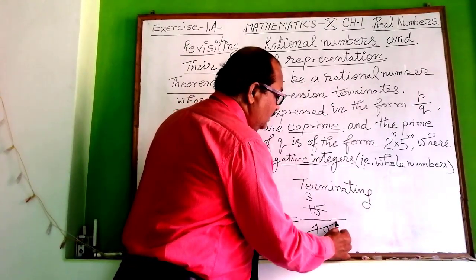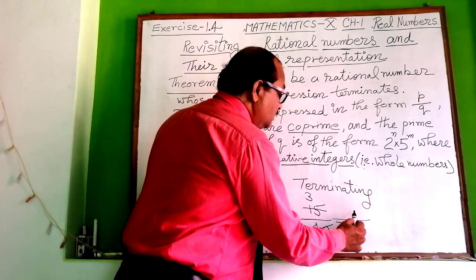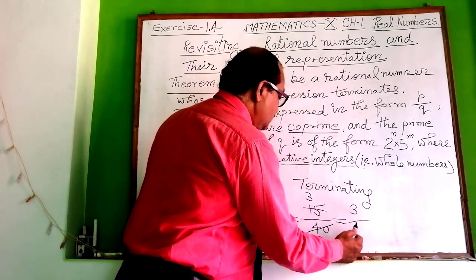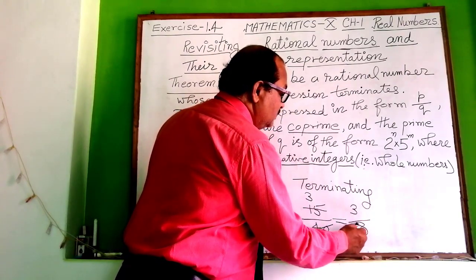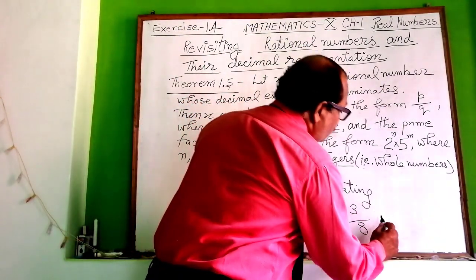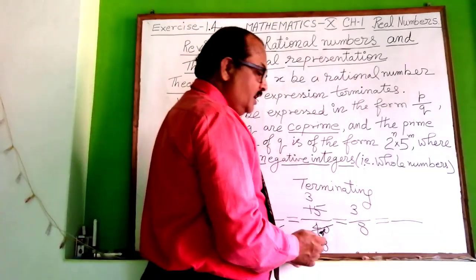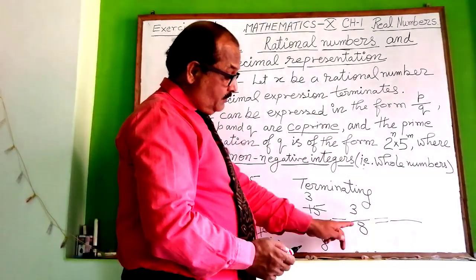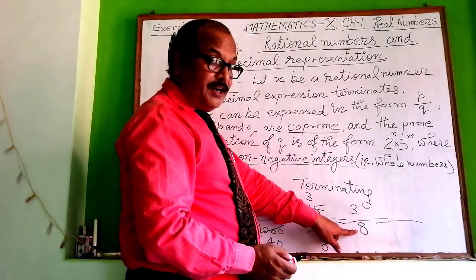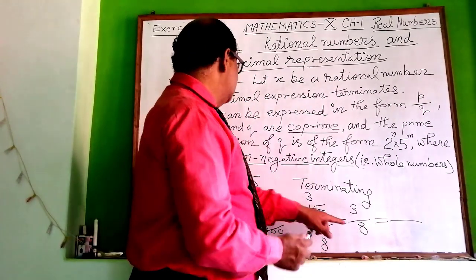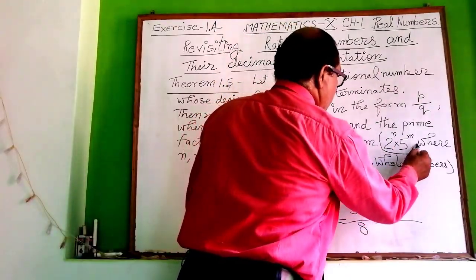So ultimately its fractional representation is 3 upon 8. Now we are going to factorize and check whether the prime factorization of the denominator is coming in this form or not.